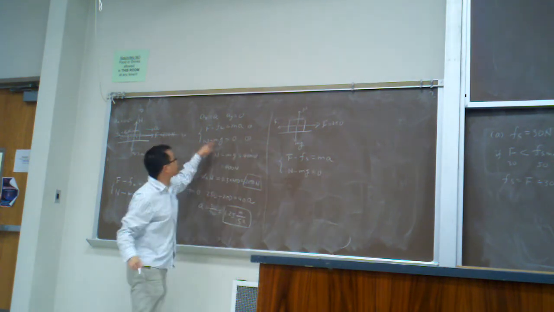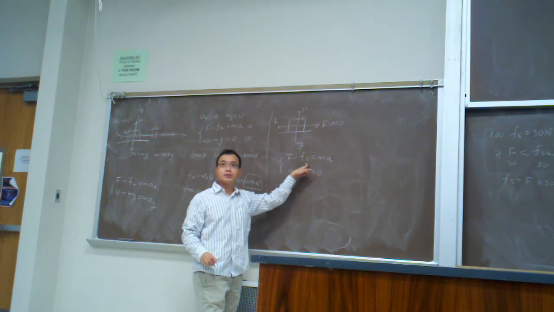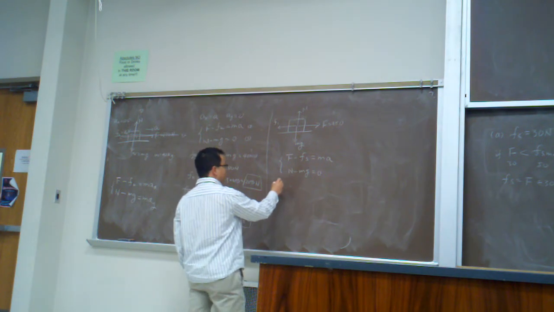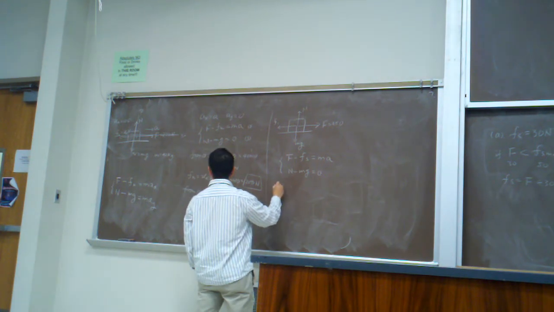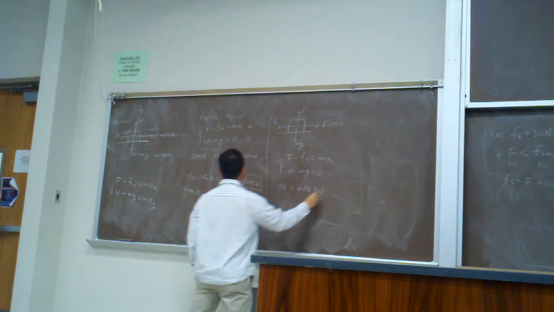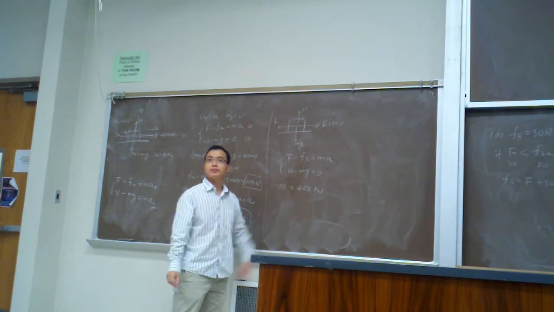We still have the two equations, but here instead of Fk we have Fs. So everything will be similar to that. And then again we can calculate the normal force N, which should be 400 Newton. Same calculation here from the second equation.